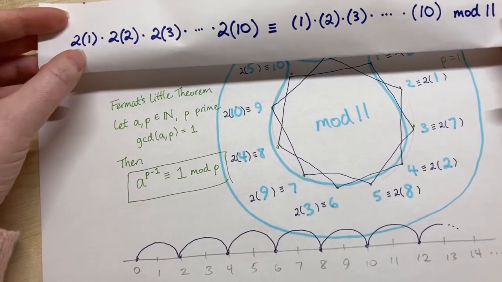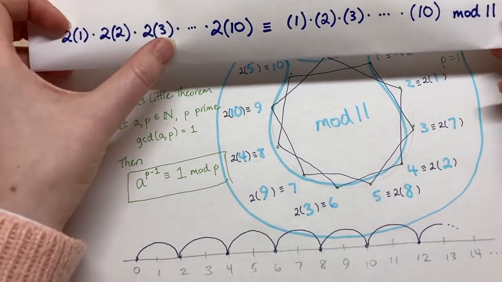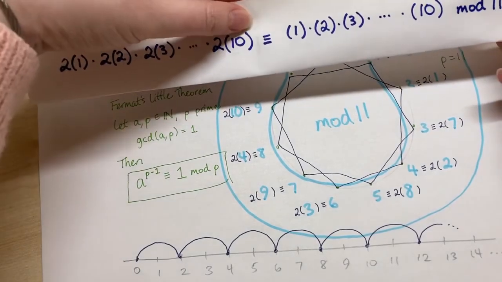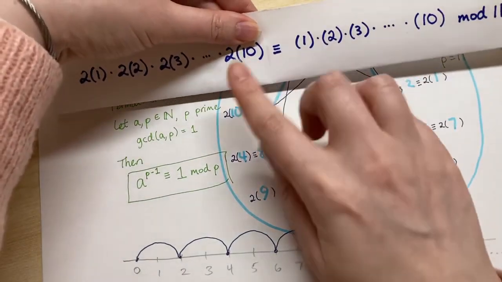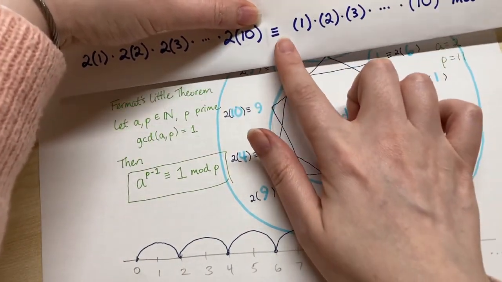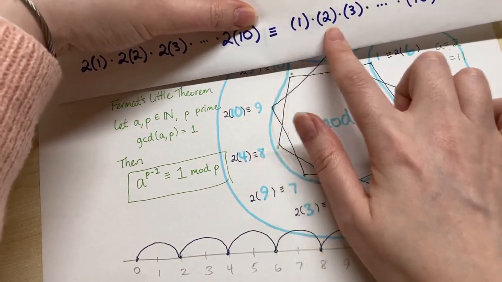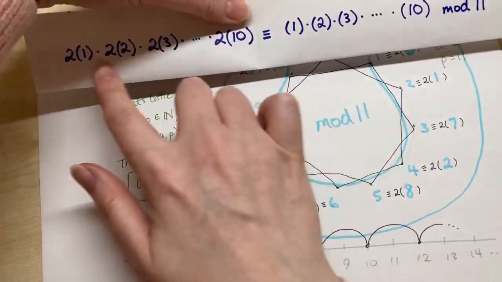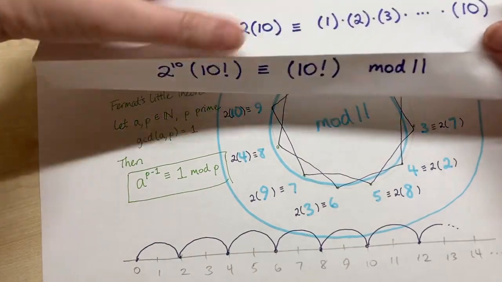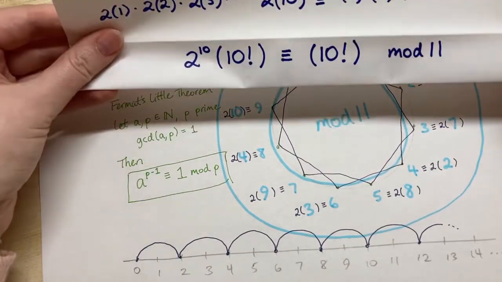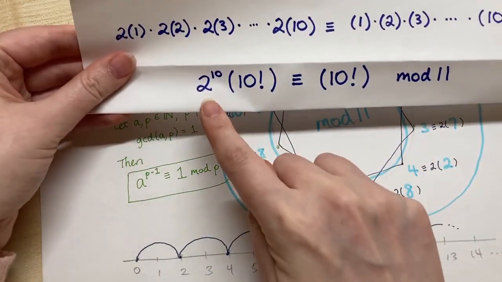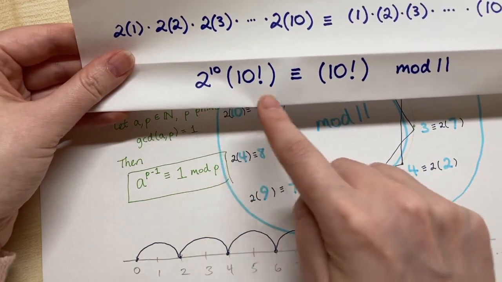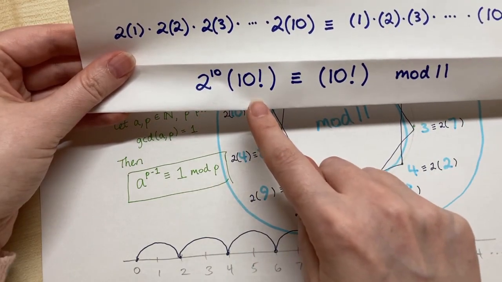Here's what we get for our equation. We get 2 times each instance of a dot up to 10, not 11, is congruent to multiplying each of those numbers by themselves, just themselves, without a 2 every time. Then that is congruent to 2 multiplied by itself 10 times, 10 factorial.